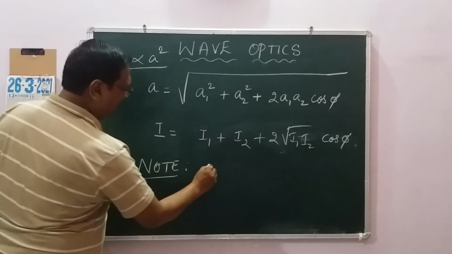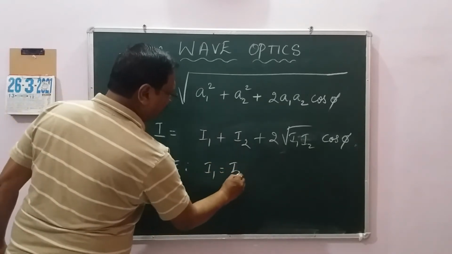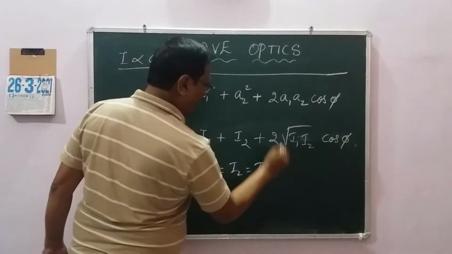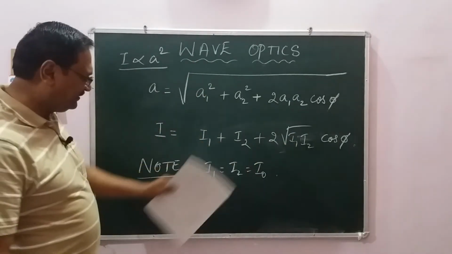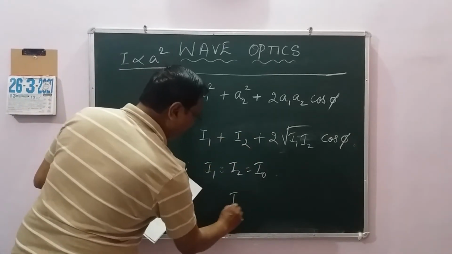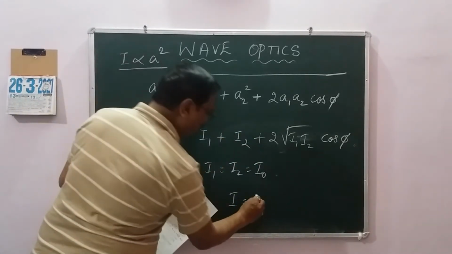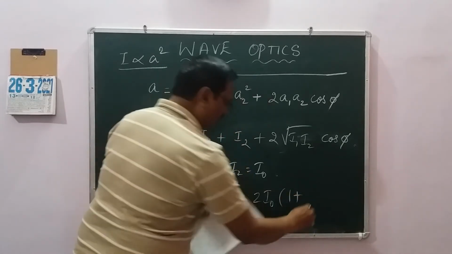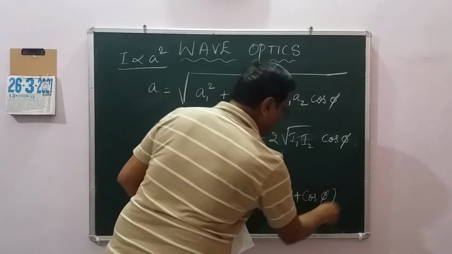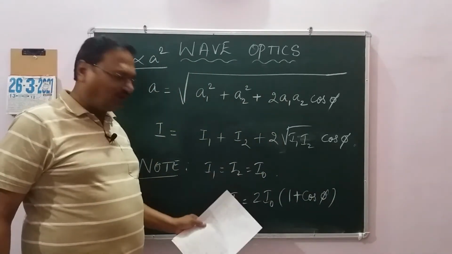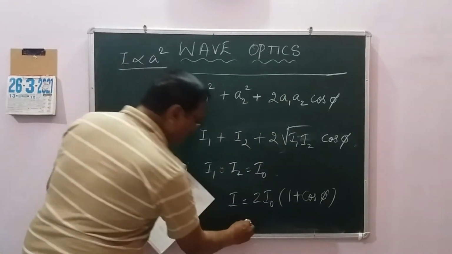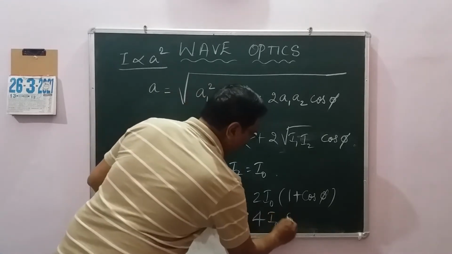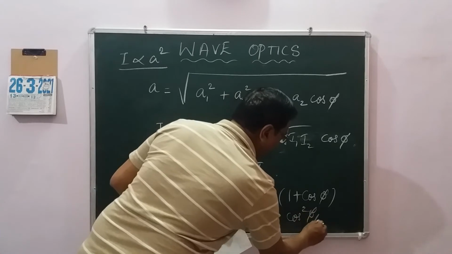If I1 is equal to I2, if both the intensities are the same and equal to some value I0, let us say, then the total intensity I will become 2 I0 into 1 plus cos phi. You can use this formula, 2 I0 into 1 plus cos phi, or also you can use 4 I0 cos squared phi by 2.